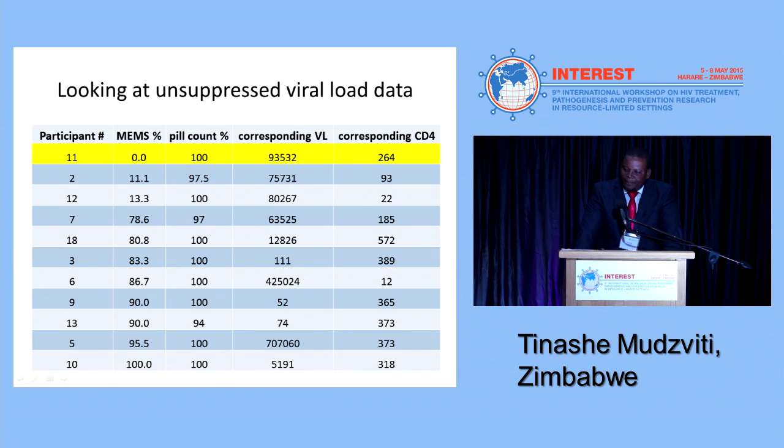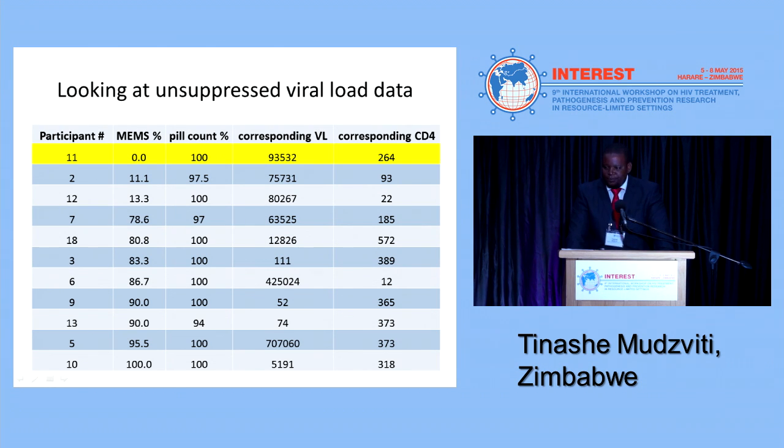Quite interestingly, participant number 11 always had a pill count corresponding to 100% adherence. But when you looked at the MEMS cap, they had 0% adherence. And the corresponding viral load, as you can see, was 93,000. So we found that the MEMS was a better predictor of viral load than the pill count.